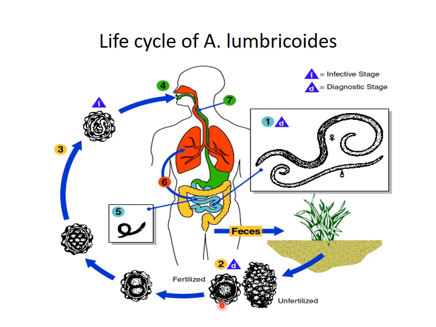It needs to mature itself. So that is the life cycle. The things to be remembered in the life cycle are that human being is the only host, and the route of entry is infected, contaminated food. So it is basically a fecal-oral transmission of the disease.